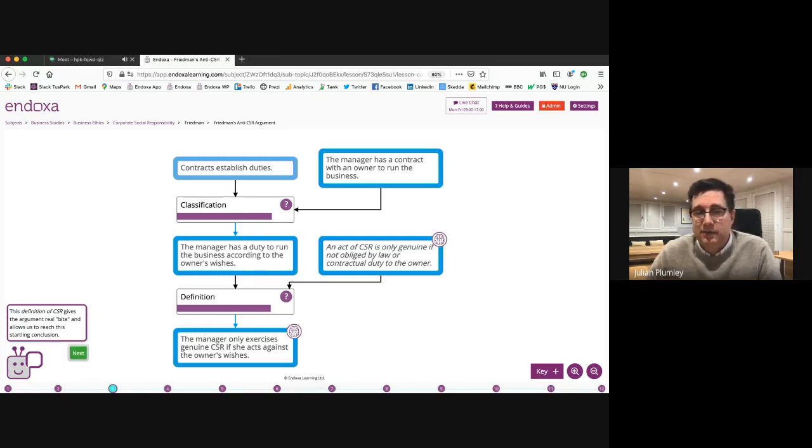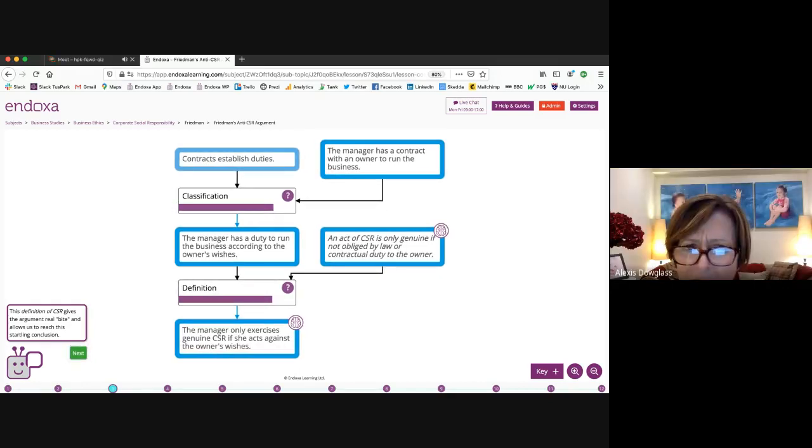So an act of CSR, corporate social responsibility, is only genuine if not obliged by law or contractual duty to the owner, and using that to derive this conclusion that the business manager is only really doing CSR if he or she acts against the owner's wishes, which is quite a startling conclusion to come to.